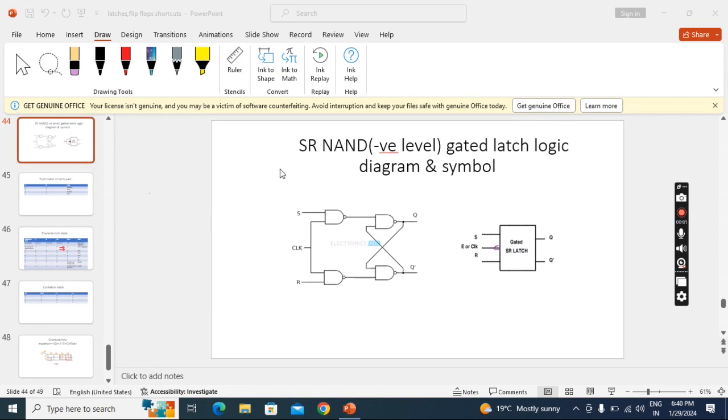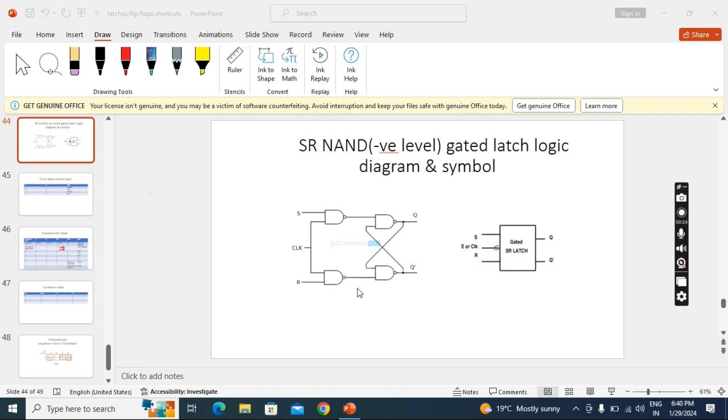In this lecture, we'll see SR NAND gated latch with negative level. Negative level means here we are applying clock or enable negative level 0, so it will trigger or respond when we apply 0 at clock. So in the symbol we have to keep a bubble at clock.